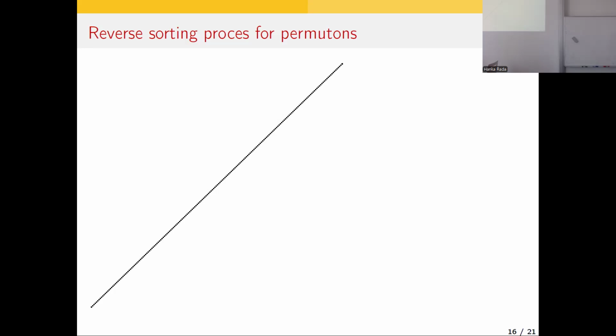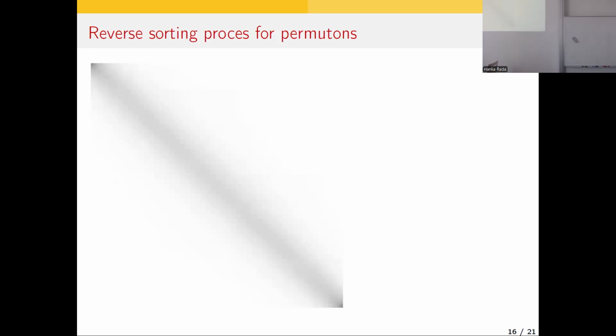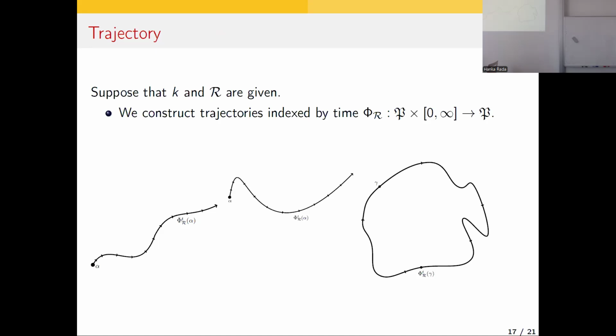In every step, we sample a k-tuple of points, and we put them into a decreasing order. And then the process on the permuton looks like this. Very similar to the process on the permutations. There's some scaling in the number of steps. And in every step, we get closer and closer to the anti-diagonal permuton.